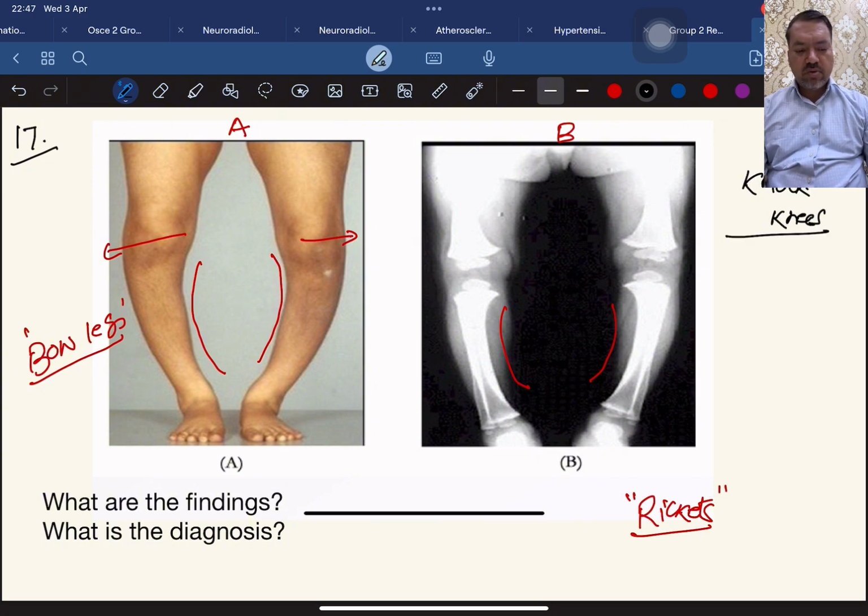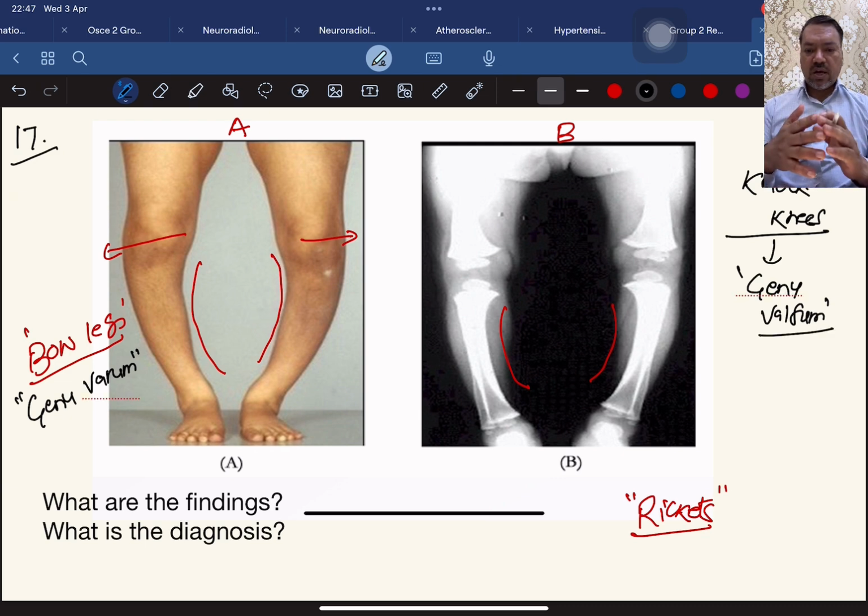In medical terms, the bow leg condition is known as genu varum, and this condition is known as genu valgum. Valgus means the legs are going away from each other. Varus means they are coming closer to each other. These are very important clinical terms, and genu is the term we use for the knee joint.